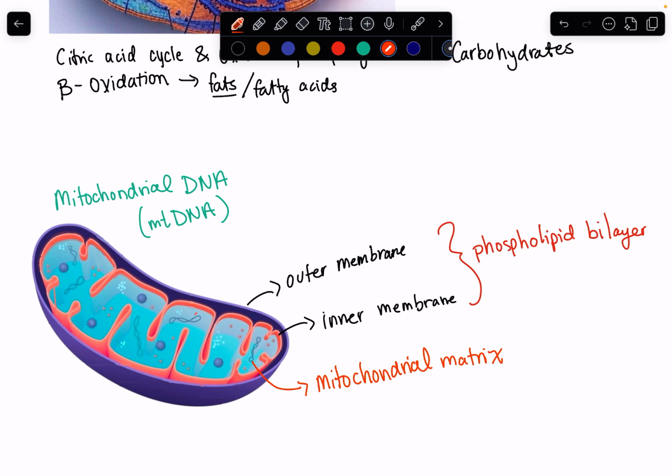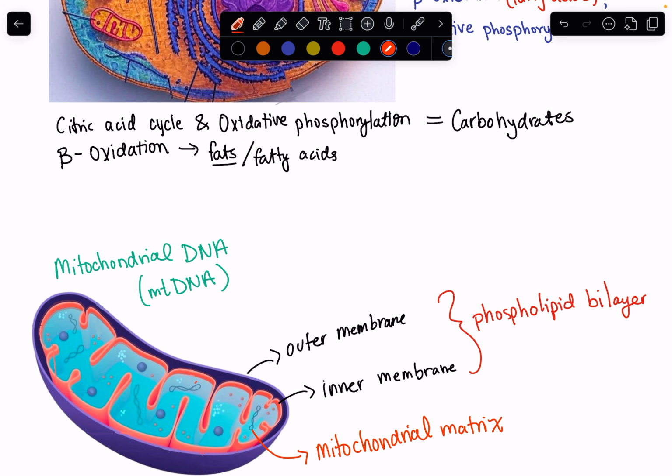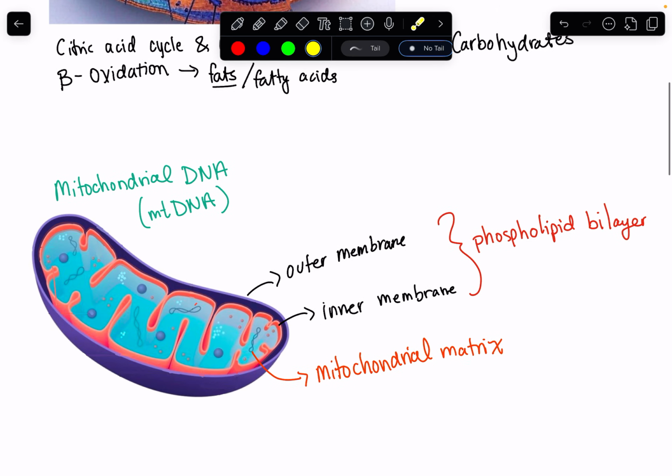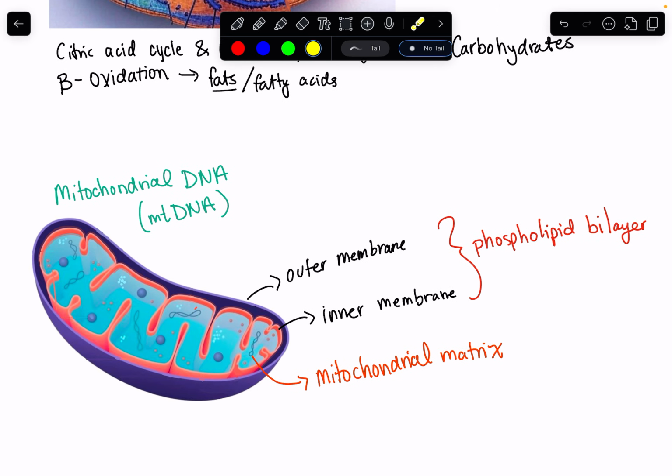And this is the site of the citric acid cycle, as well as oxidative phosphorylation. So this takes place via the action of protein complexes that are embedded within this inner mitochondrial membrane.